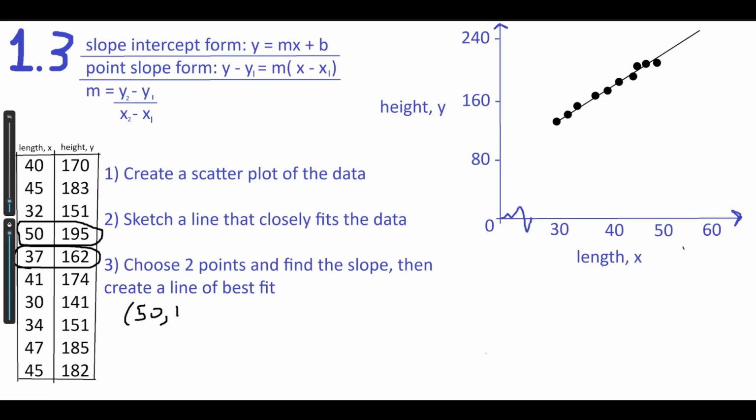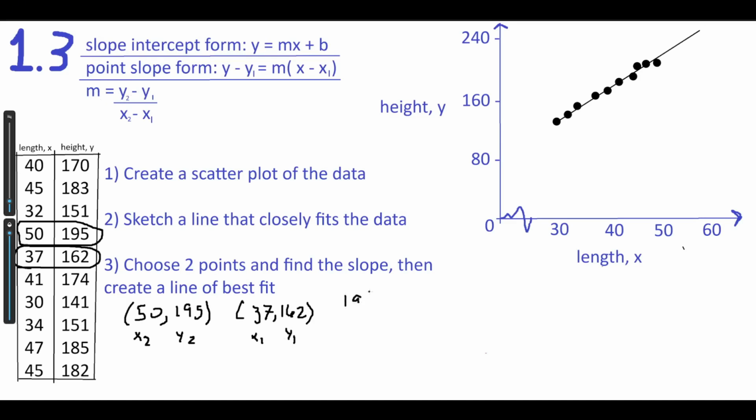Okay, so let's write down those numbers. 50, 195. This will be our y2 and x2, since these are the bigger numbers. And then we can also write 37, 162. This will be our y1, x1. So now we can put this into our slope m equation.